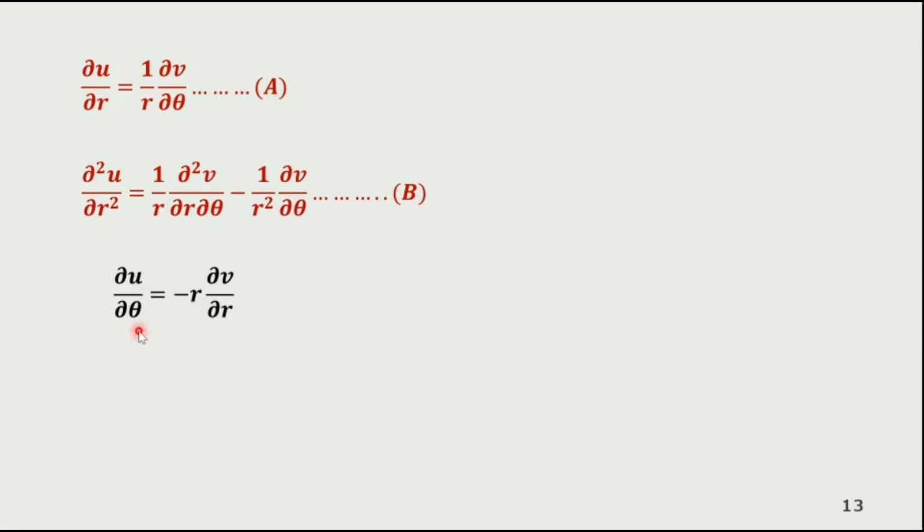When we differentiate this with respect to theta, minus r is a constant. इसका डेरिवेटिव आएगा, it's not a constant because v is a function of r and theta. इसको हम लिखेंगे -r into ∂²v/∂θ∂r. ओके, तो पहले में 1/r is a function of r, ∂v/∂θ is a function of r, इसके लिए u into v किया है. सेकेंड में when we have to differentiate with respect to theta, r is a constant, तो माइनस r वैसे ही रखा है और इसको डिफरेंशिएट किया with respect to theta, तो ये हो जाएगा ∂²v/∂θ∂r.